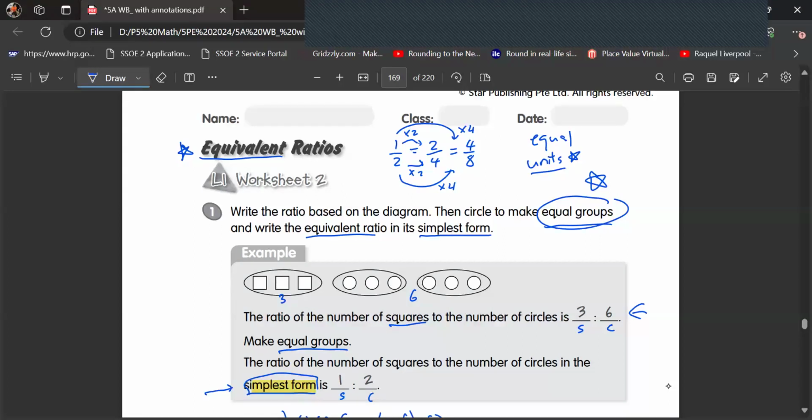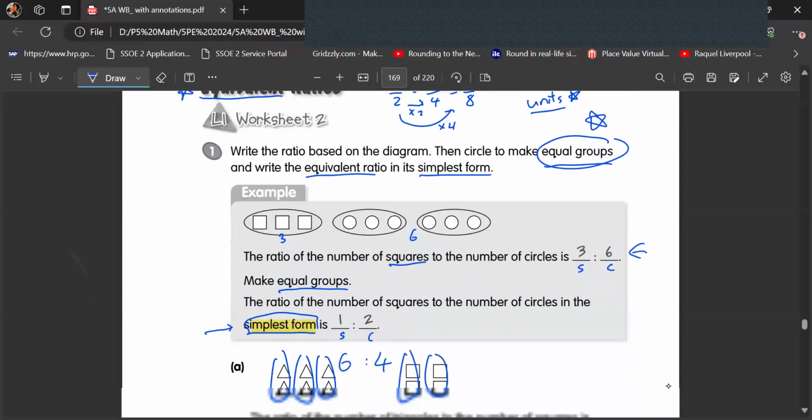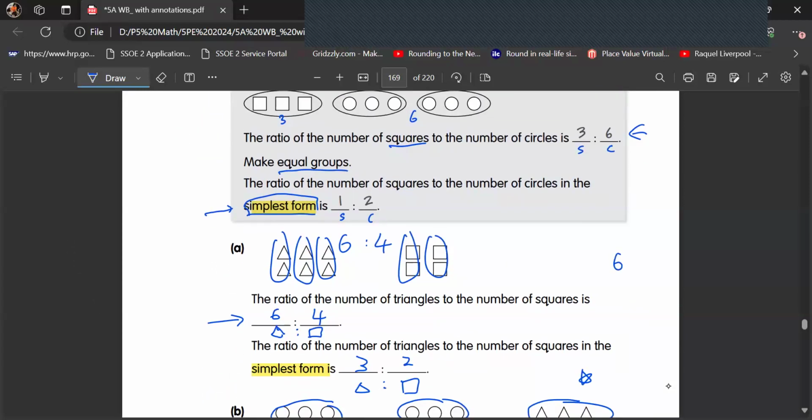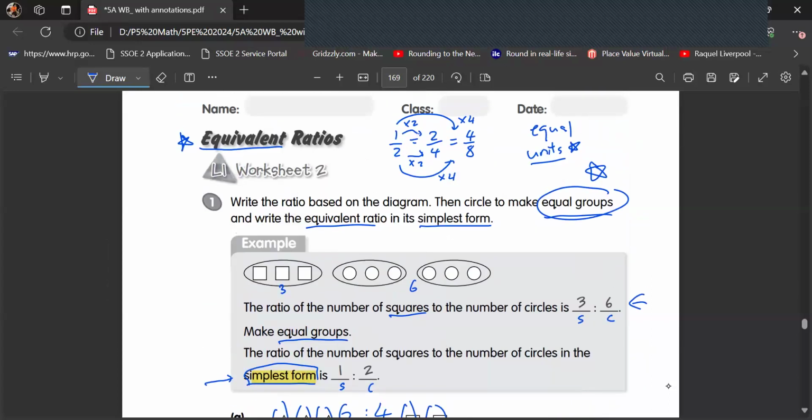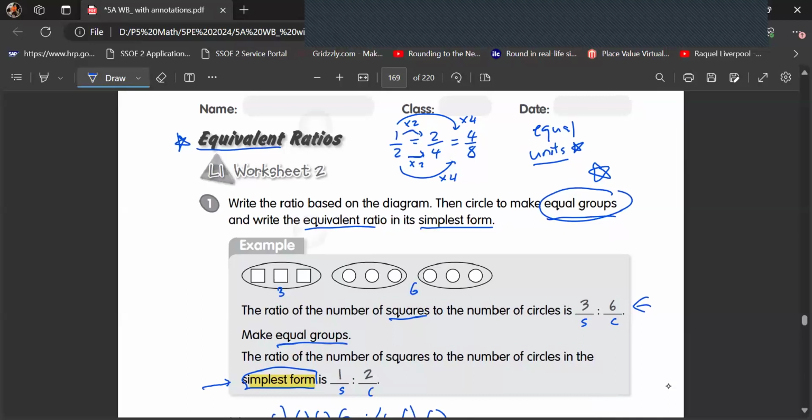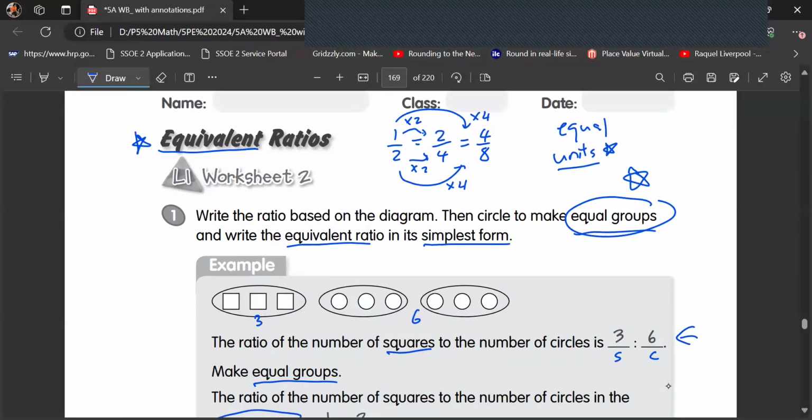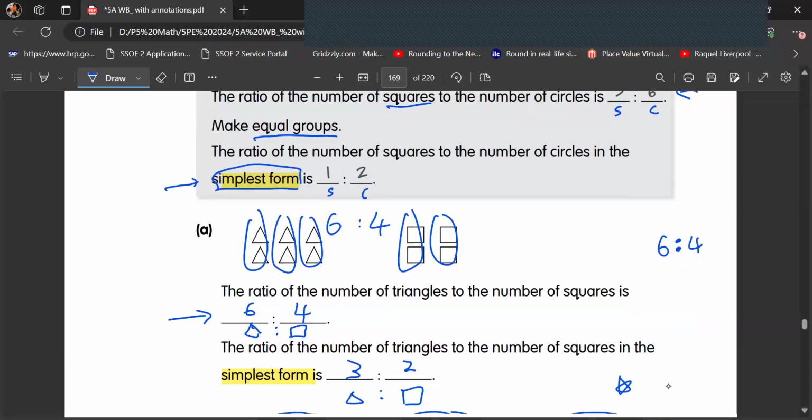Just now when I was talking to Xiang Cheng about her corrections, when we make equal groupings, like equal units as in fractions, when I times the denominator by 2, I also must times the numerator by 2. If I times the denominator by 4, I also must multiply the numerator by 4. So that is what we mean by equal units and equal groups. The same skills in equivalent fractions are used in equivalent ratios.